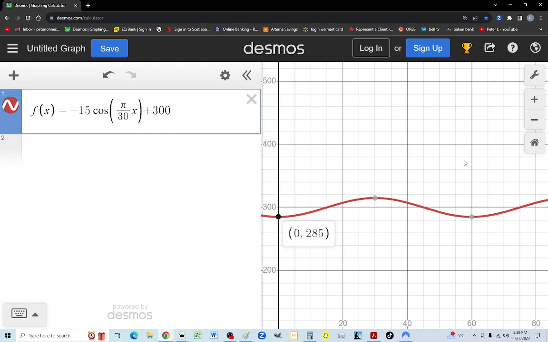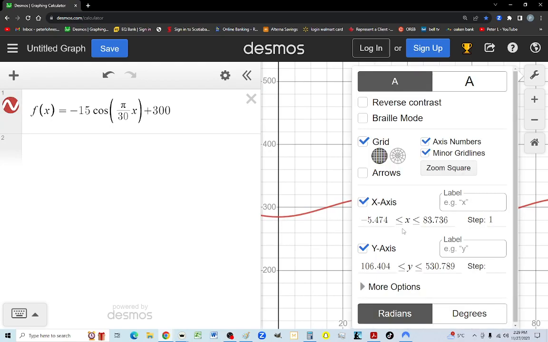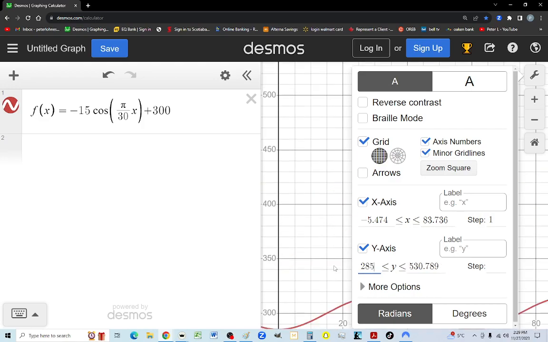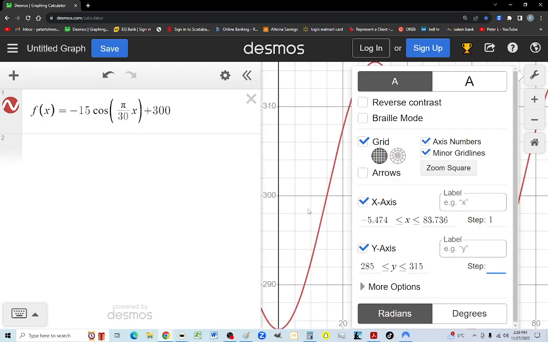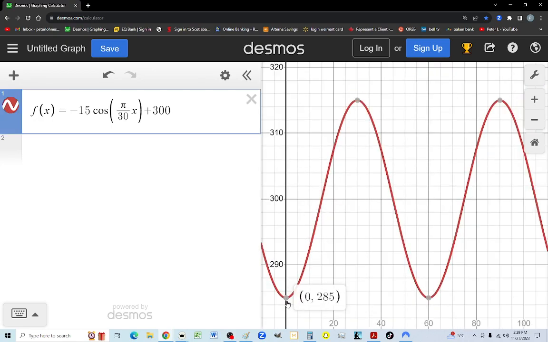There we go. Now let's make the y-axis a little bit closer. So this should be at 0, and then at 60 it should be at 0 again. It should be furthest around at the ground at 30.